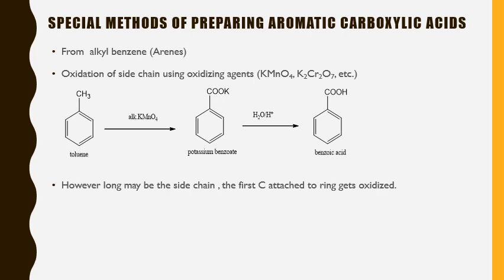The most famous is KMnO4, but here KMnO4 acts as a good oxidizing agent in presence of a base, which is an alkali. Therefore I write it as alkaline KMnO4. That means KMnO4 should be added with some base or KOH, whatever it may be. Whereas K2Cr2O7 is an acidified one.